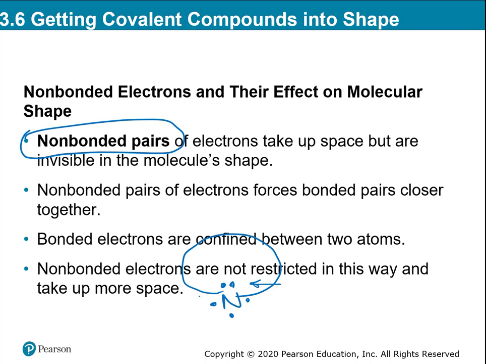So I think of them as being like this. They move only around the nitrogen. They don't go over to any other atoms. They belong to the nitrogen. Because of that, they take up more space around the nitrogen than the shared pairs. Because shared pairs go out and come back, go out and come back. But these ones stay right where they are. These actually create more repulsion, like a stronger repulsion than bonding electrons do.